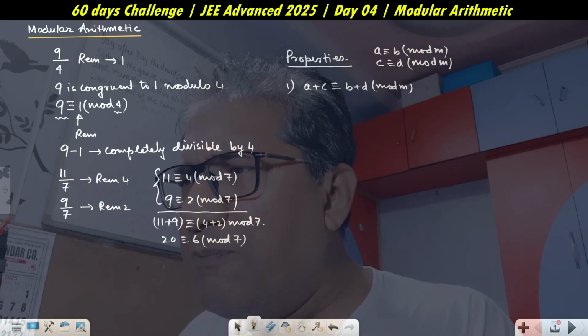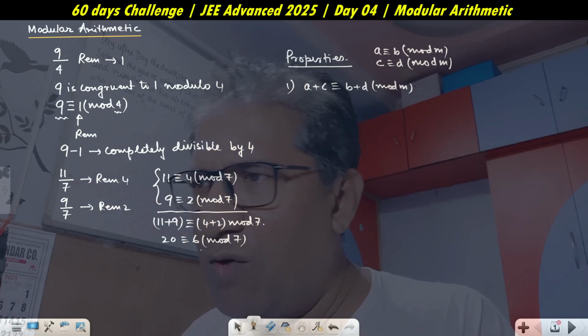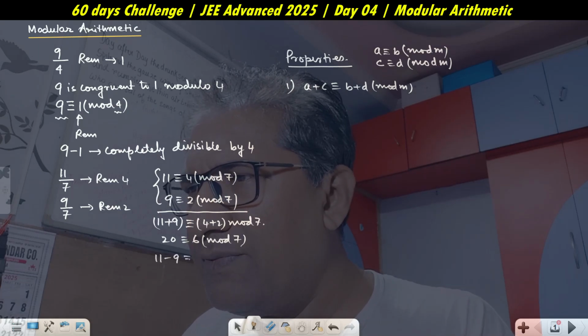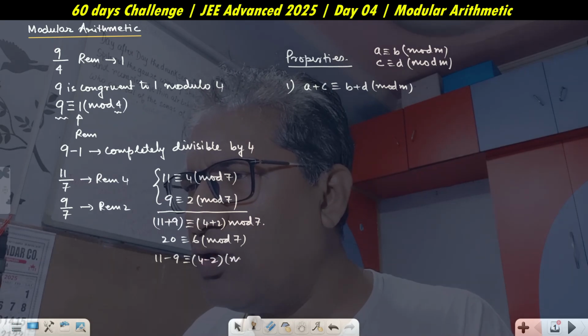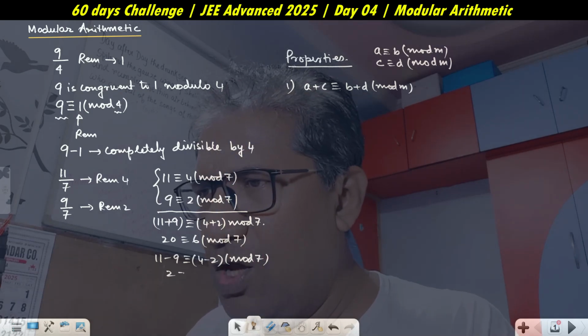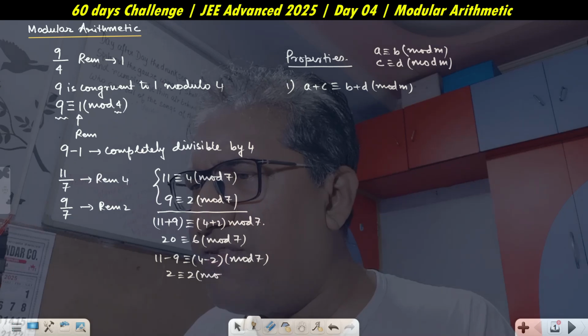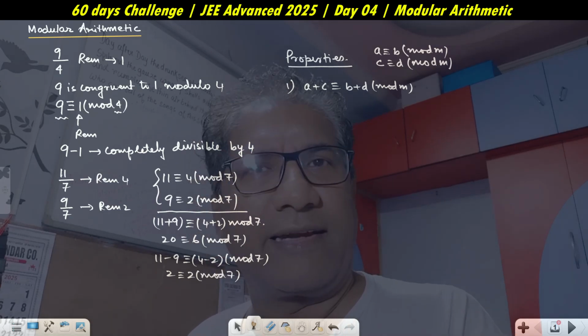Okay, now let me subtract these two. What are we going to have? 11 minus 9 is congruent to 4 minus 2 modulo 7. The question is, is it correct? 2 is congruent to 2 modulo 7. Absolutely it is correct.